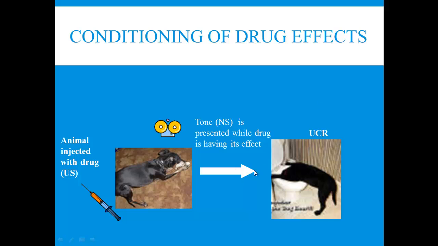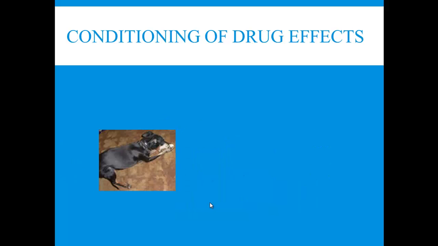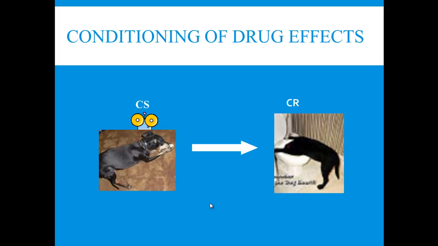The dog doesn't have to learn anything, because it's a drug that would naturally make the animal nauseated. And you're presenting a bell while they're getting sick. Anybody see where we're going with this example? If you simply ring the bell, then the animal should get sick.